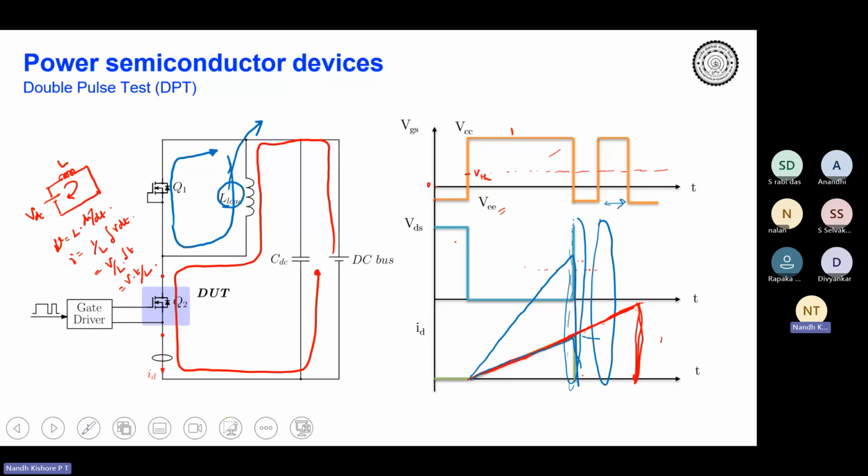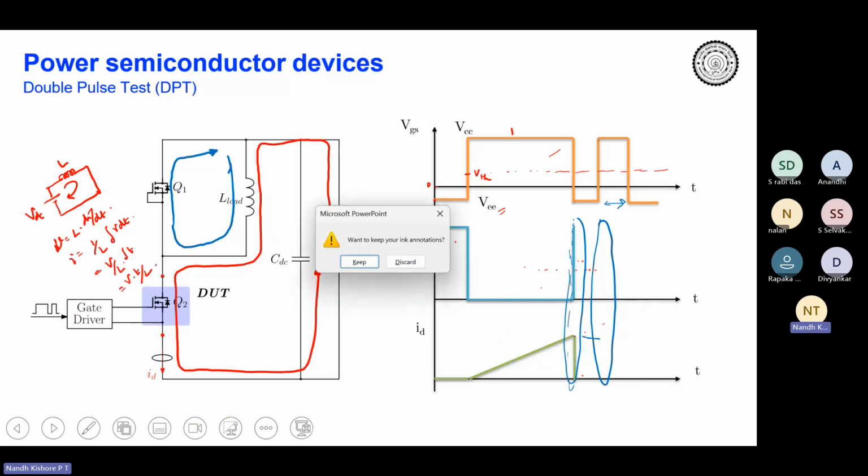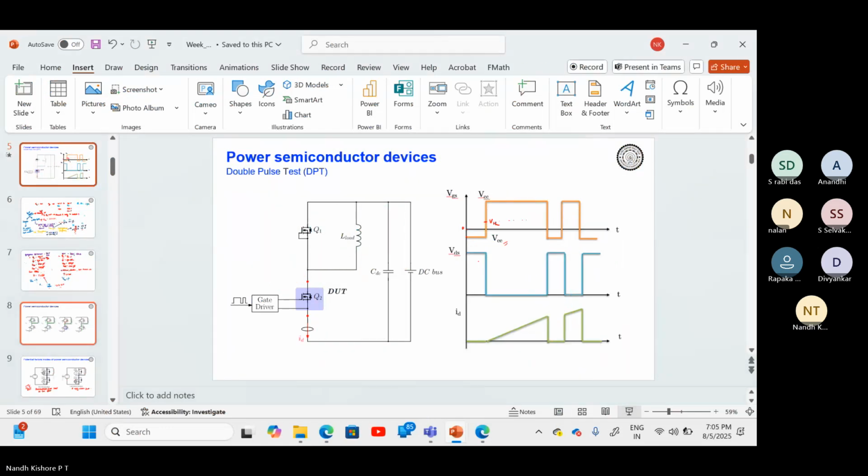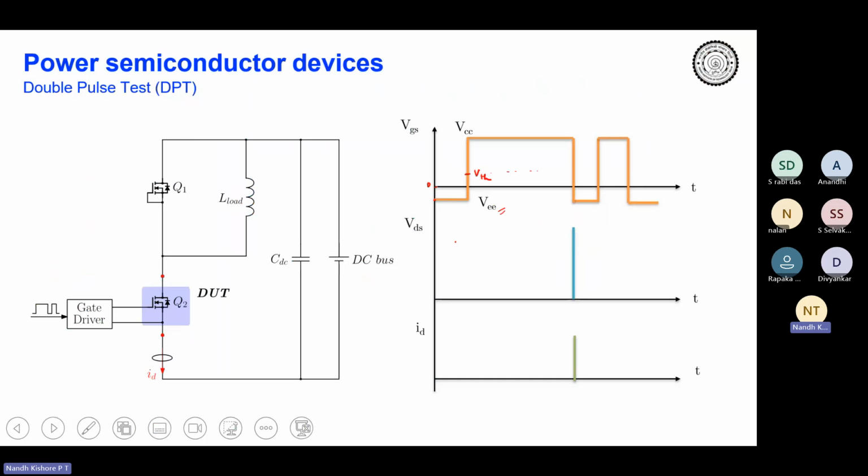So if let's say you understand over here that I is basically 1 by L integral V dt, correct? If your L is large enough, then I is small, correct?